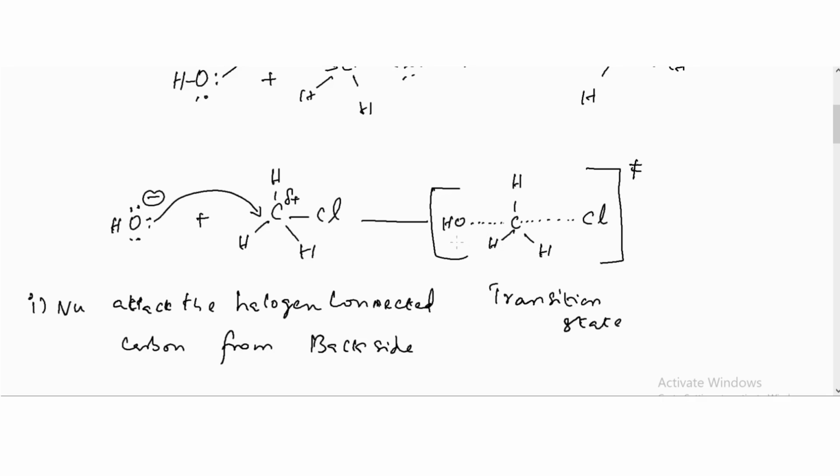That means the bond formation of this OH, the nucleophile, with the carbon, and at the same time the halogen connected to the carbon is departing; both processes happen simultaneously. That means both bond formation and bond cleavage are happening simultaneously. That's why we represent this bond as a dotted line.